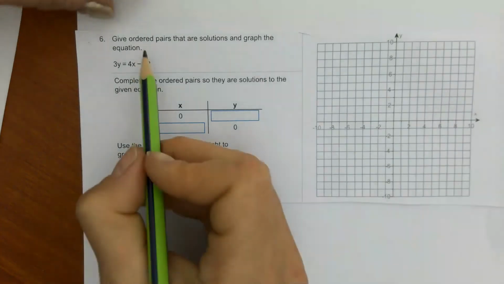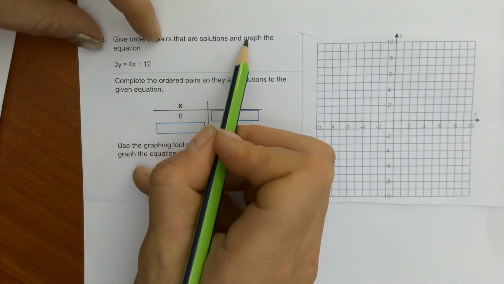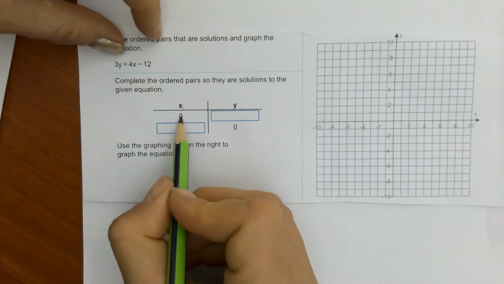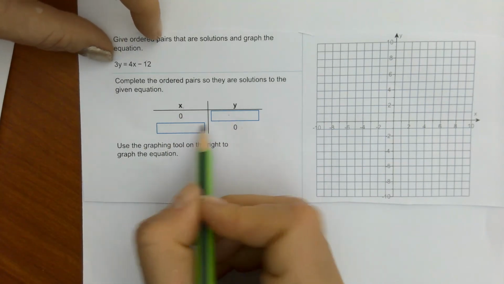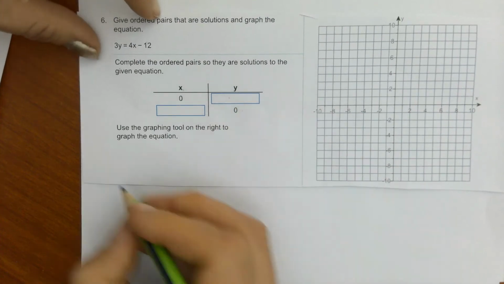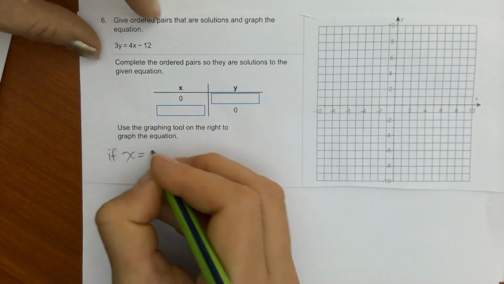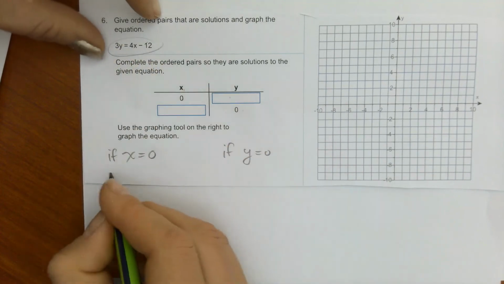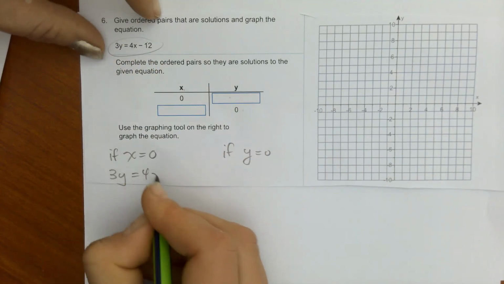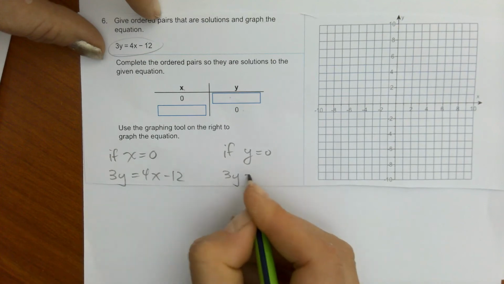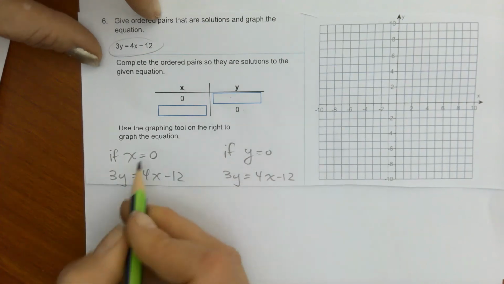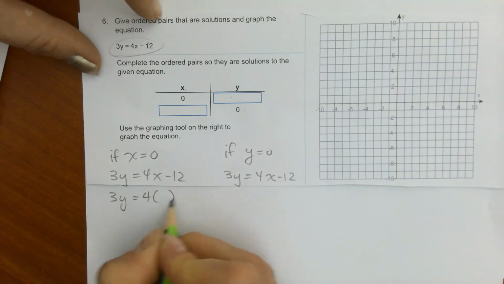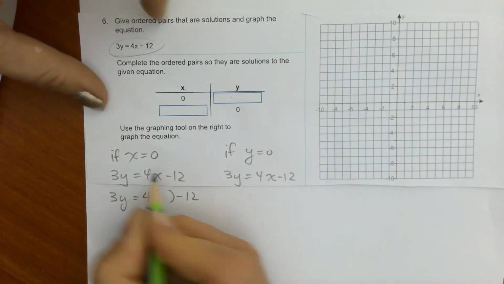It says, give ordered pairs that are solutions and graph the equation. So they want to know if x is 0 and y is 0, what is it? So if x equals 0, if y equals 0, copy up this equation. Wherever the x is, we're going to put 0. We need brackets because there's something attached to it.